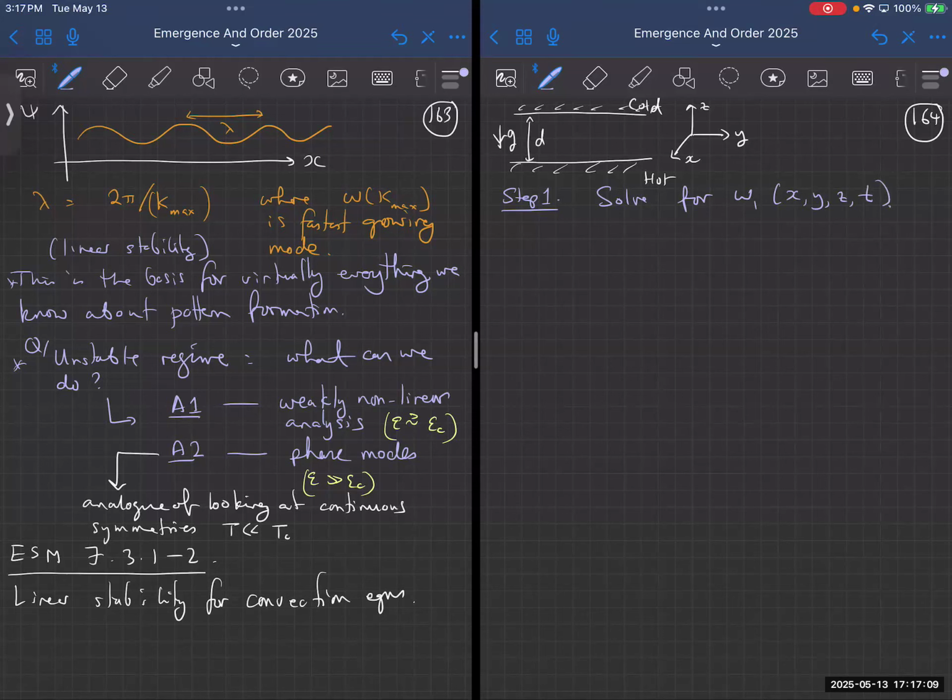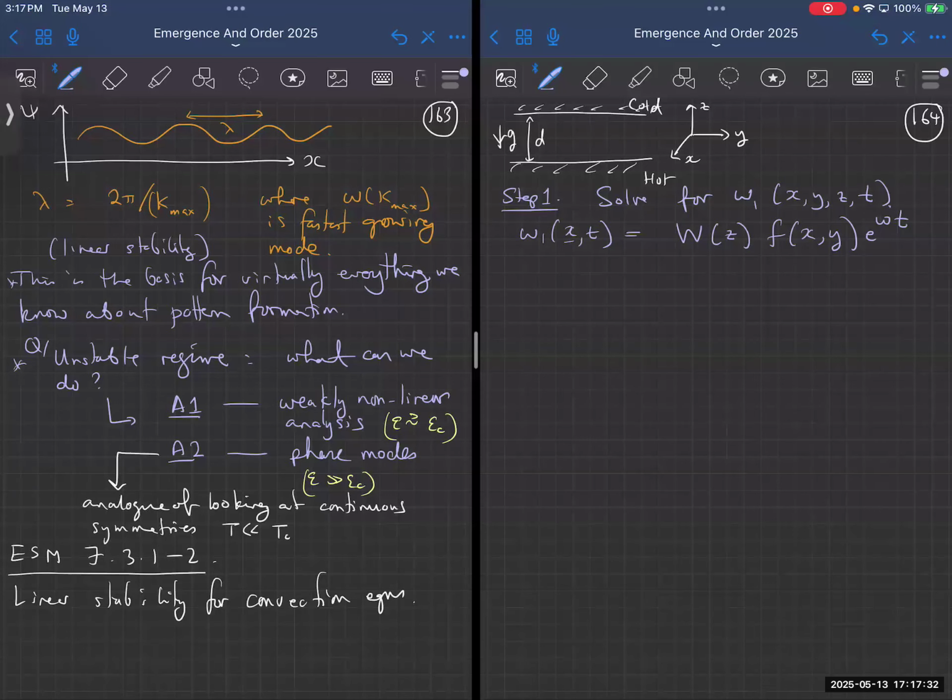So how do we do that? I'm going to write W1 of X and T as some function in the Z direction, times some function in the X and Y direction, times e to the omega t. I'm basically doing separation of variables, just as you would expect.